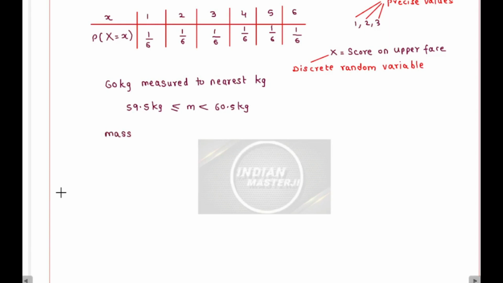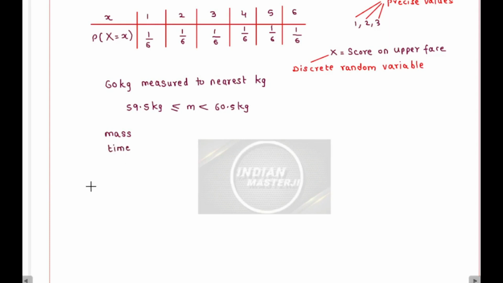Similarly, suppose I want to find out the waiting time before I can get the next bus from the bus stop where I am standing. The waiting time again will be a continuous random variable.